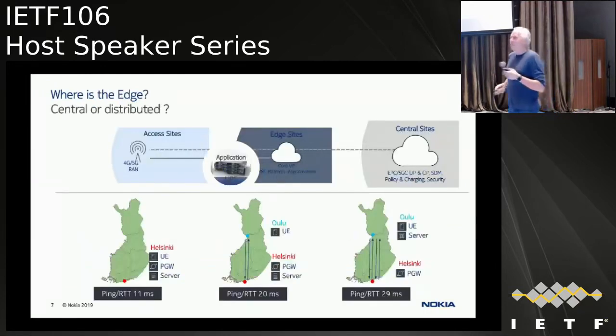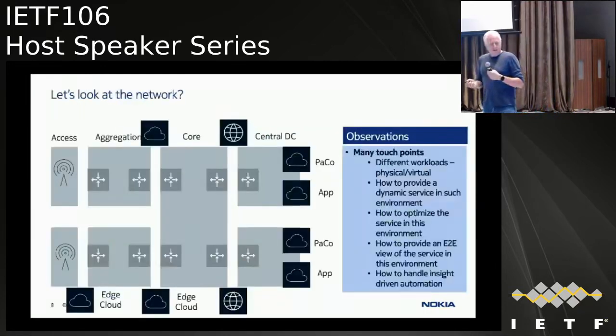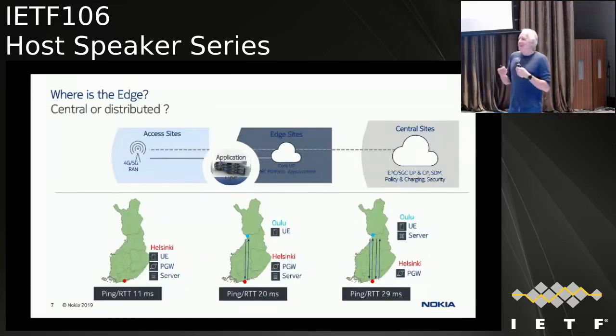The second big question is where is the edge, right? We used to build the edge in a fairly central manner, but you see that with ultra low latency, and this is of course a use case, and given that we are a Finnish company, we have to have a Finnish example, if you distribute the application closer to the user without distributing the edge, you actually don't achieve anything.